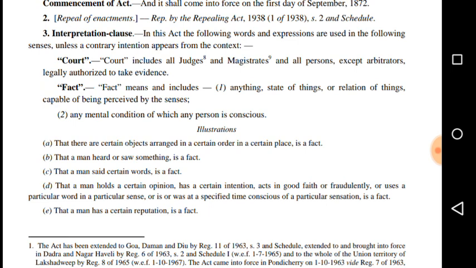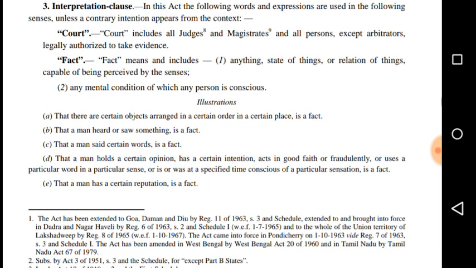An arbitration or arbitral tribunal is not a court in this sense. But court includes all judges and magistrates and all persons. It may be a civil court, a criminal court, anything, because the act is applicable to both civil and criminal matters. Then comes fact. Fact means and includes, number one, anything, state of things, or relation of things capable of being perceived by the senses.